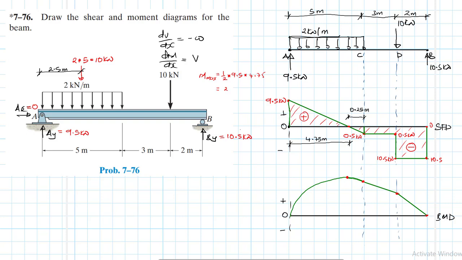So we have 22.5625 kilonewton meters. 0.5 times 9.5 times 4.75, 22.5625.